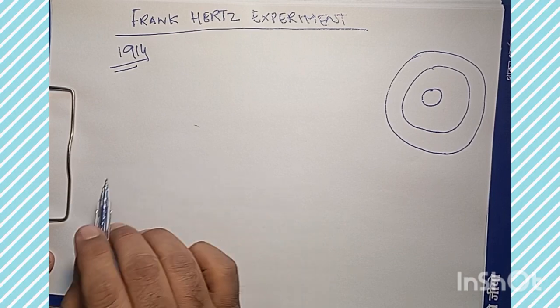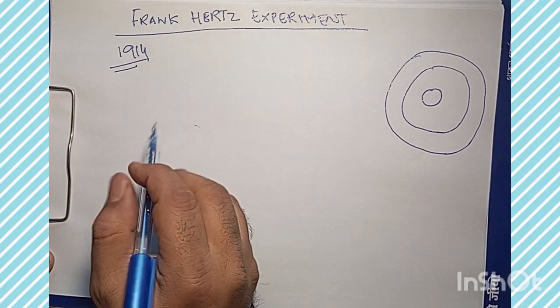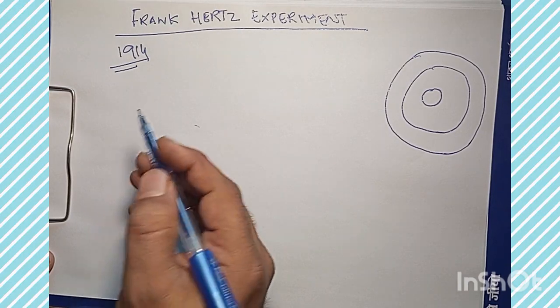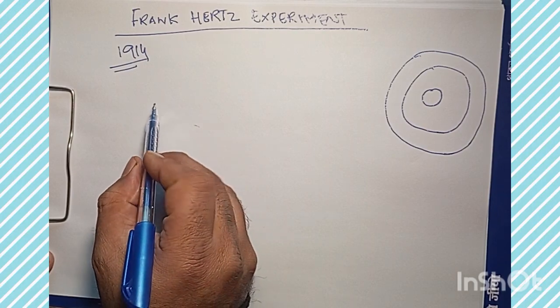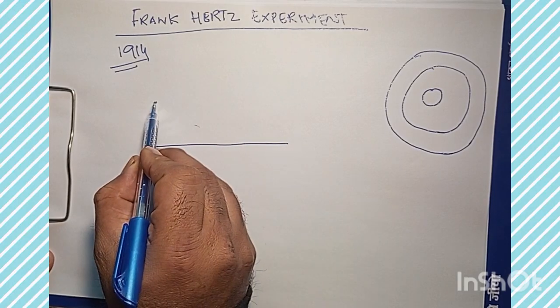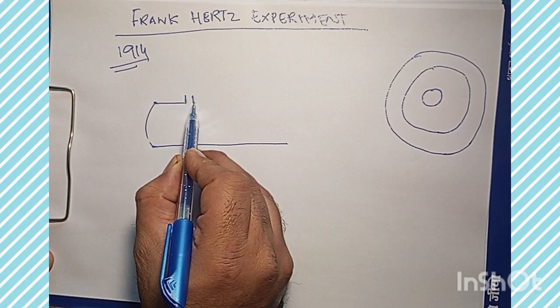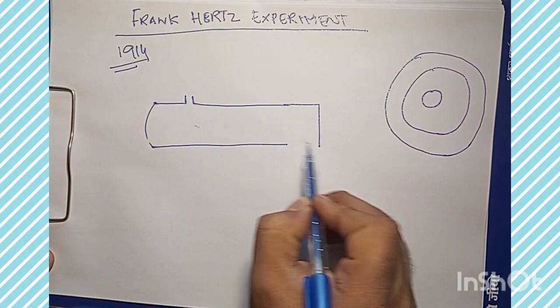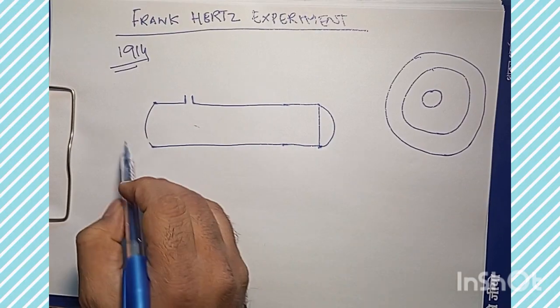Now, to see in a very crude way what the experiment is all about, we have an apparatus which has a tube. I'll draw it. Suppose I have a tube, and it has a gas inlet window, and it has to be like this.